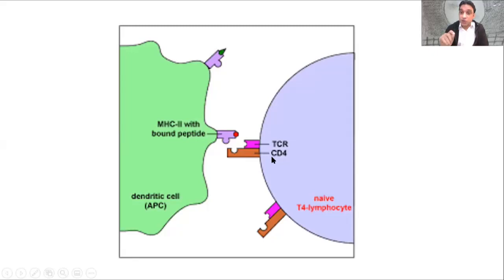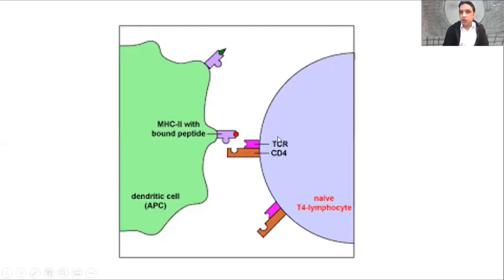That is why it is called CD4 plus cells, the cells with the cluster of differentiation number 4. The presence of TCR is the characteristic of the T cell. The presence of TCR plus CD4 is the characteristic of helper T cell or T4 lymphocytes.